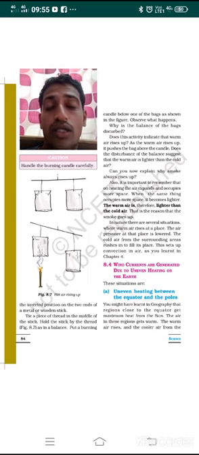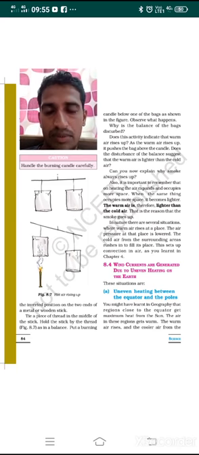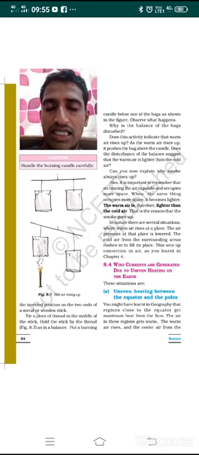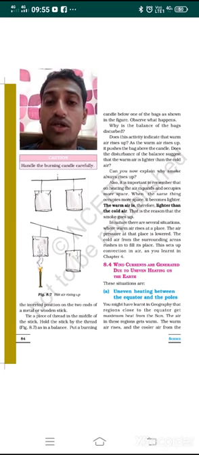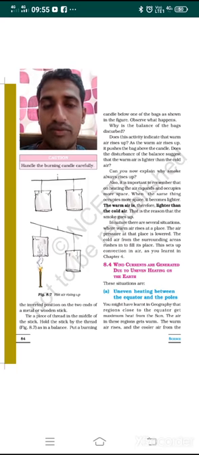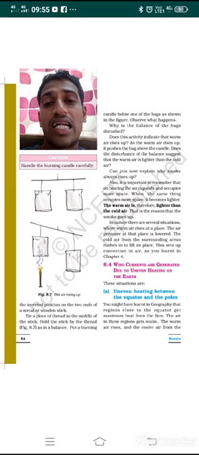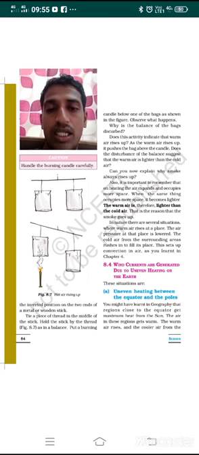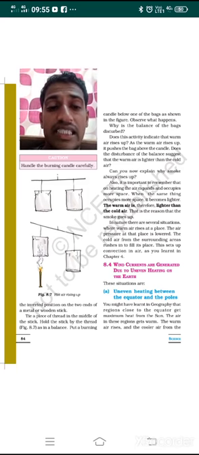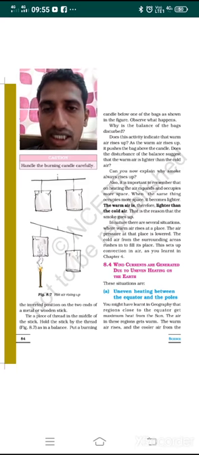So now you can explain why smoke rises up. Suppose you burn some wood, fuel or plastic. Why does the smoke always rise up and not come down? It is because the warm air pushes the smoke upwards, not downwards, since it is light in weight. It is very important to remember that on heating, air expands.